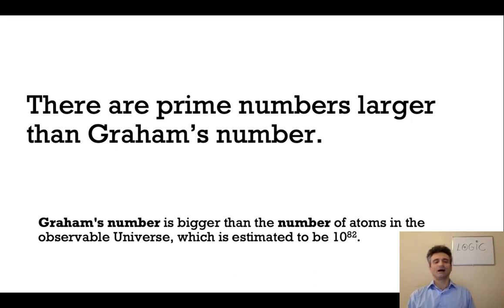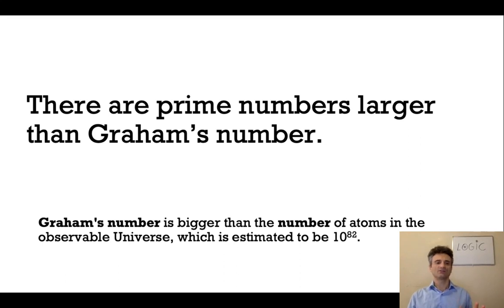So I don't care that Graham's number or any other number is very large. It's bigger than the number of atoms in the universe, or the number of grains of sand.